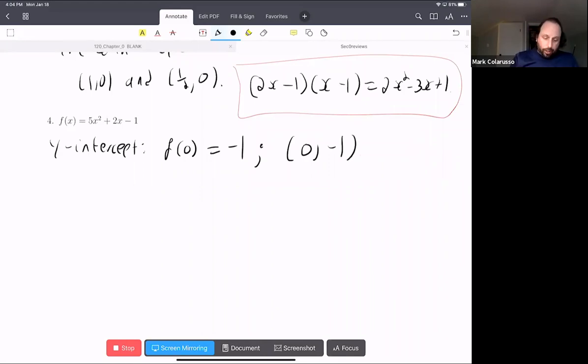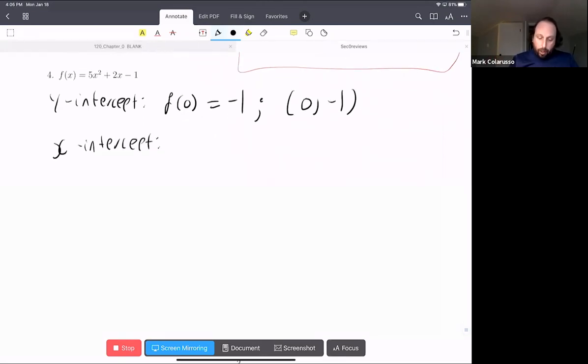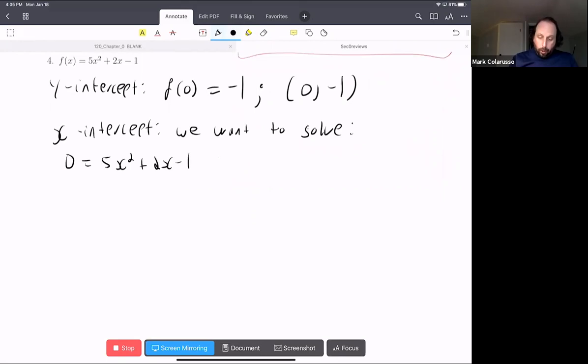And now for the x-intercept, we can again use the quadratic formula. So we want to solve the equation 0 equals 5x squared plus 2x minus 1. So we use the quadratic formula.